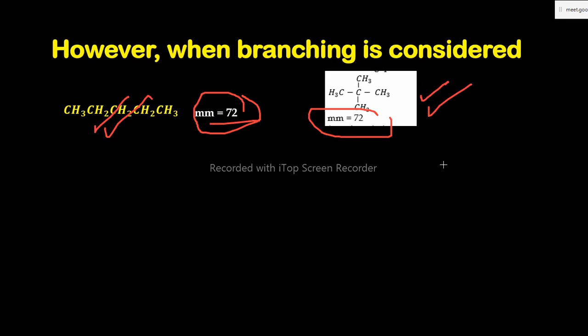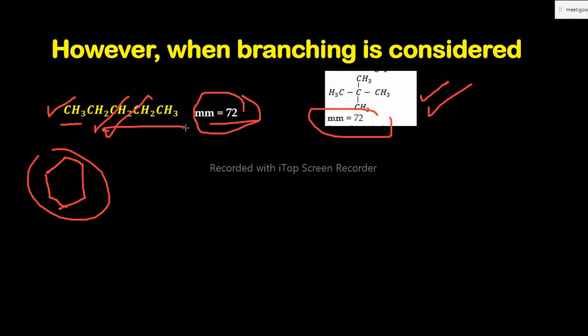Think about it. N-pentane boils at a higher temperature. Actually, somebody asked, I think it's Otim, between this and cyclopentane, which one is going to boil at a higher temperature. So this is almost the same as this.